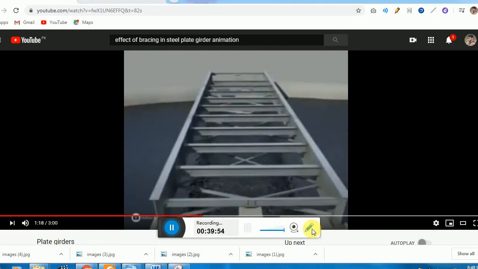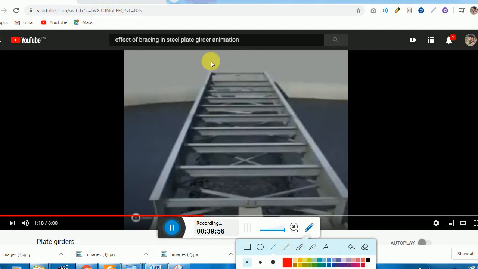Clear? The whole length which started from that point to this point, they divide into small portions like this one, like this one. Why did they basically do it? Why did they provide these lateral bracings? To account for the effect of LB and to use the CB value.